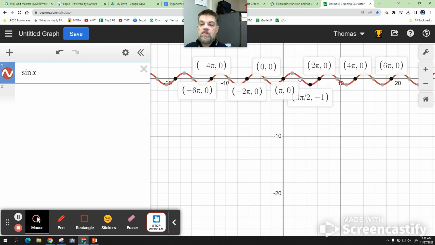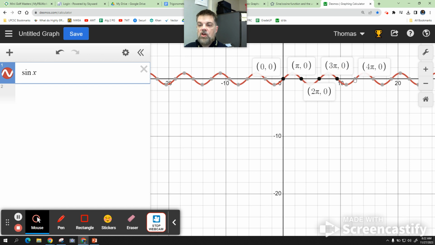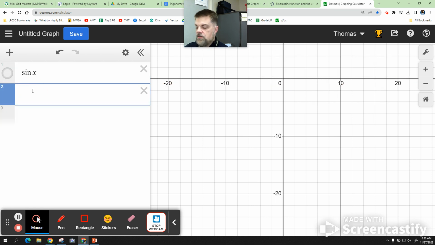Likewise, with the maximum values, well, I have to clear that out actually. So where it says multiples of pi for the x-intercepts, that's all based on that information that I had you write down. That's what that means. All right, so let's turn this off. Let's do cosine.